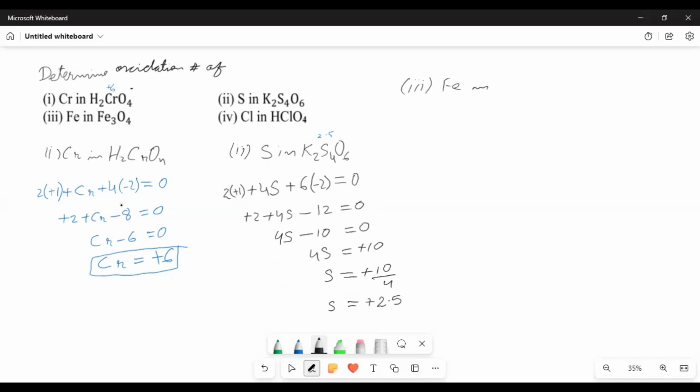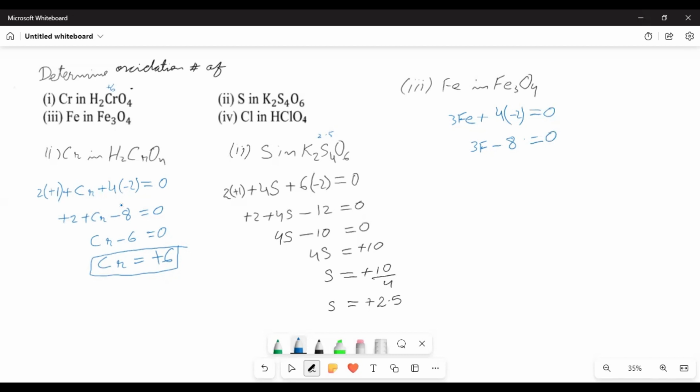Fe in Fe3O4, just like the rest of the questions, it is also neutral, so it is 0, and 4 oxygen atoms, so 4 multiplied by -2, plus 3Fe, so 3Fe plus -8 is equal to 0.